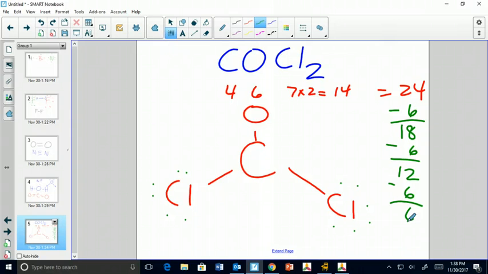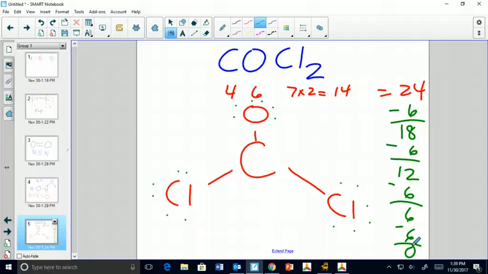Where are those guys going to go? With the oxygen. Good, good. 1, 2, 3, 4, 5, 6. And now we've used them all, right? Are you with me so far? Okay. So, does chlorine have 8 atoms around it? It does.